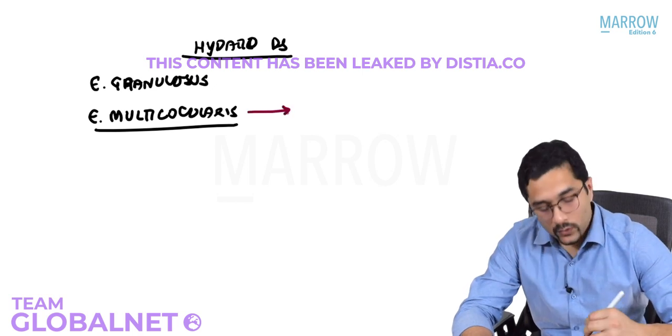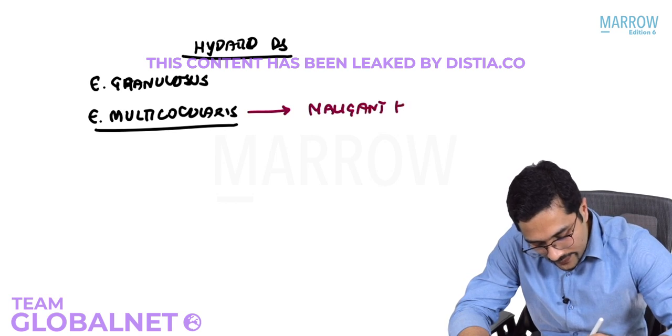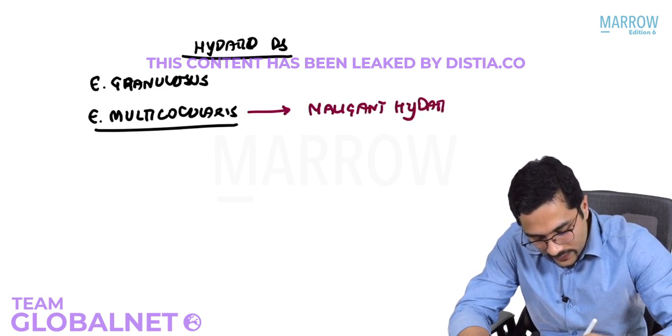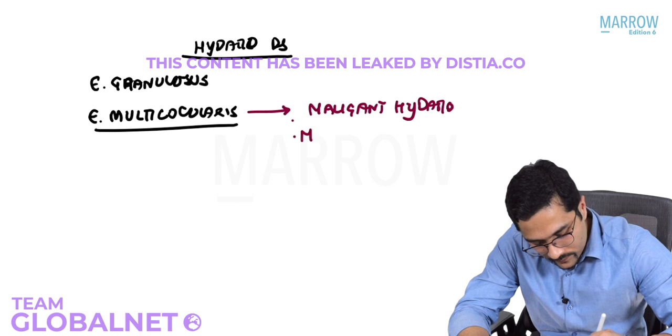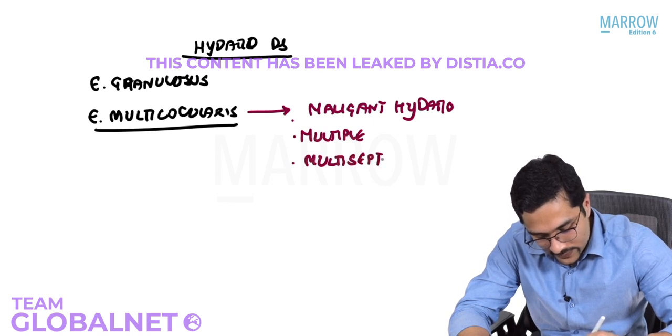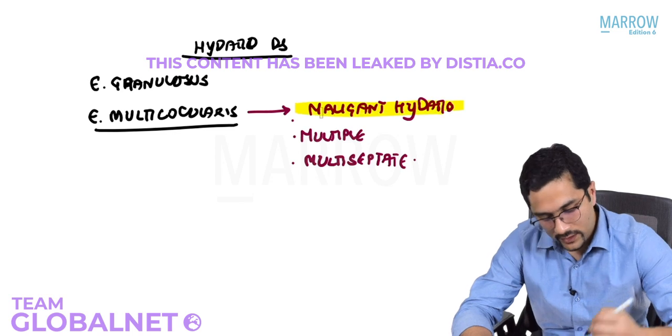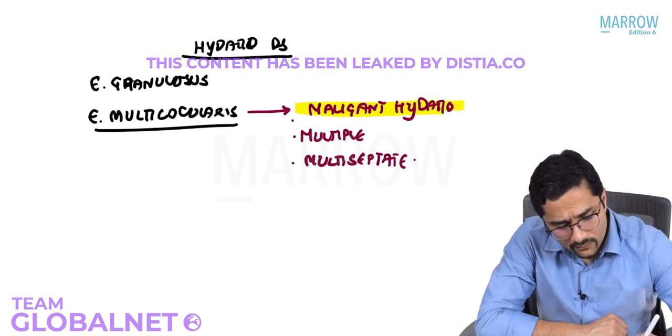Multilocularis, you need to know, also leads to malignant hydatid, because these can give rise to multiple hydatids, and they can be multiseptate as well. So that is Echinococcus multilocularis, which can give rise to malignant hydatid.